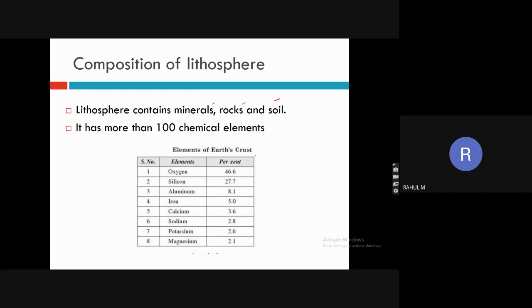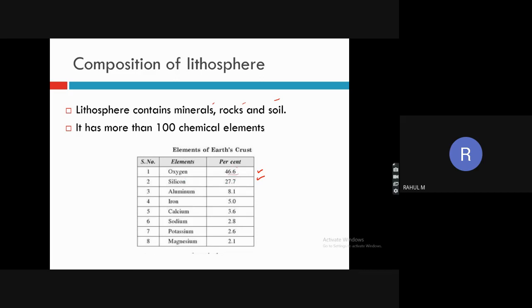Among the elements found in the Earth's crust, oxygen concentrates around 46.6%, silicon 27.7%, aluminum 8.1%, then iron, calcium, sodium, potassium, magnesium, and many more. A few of these which are abundant in the Earth's crust are as follows. You can at least note one or two: oxygen is 46.6%, silicon is 27.7%.